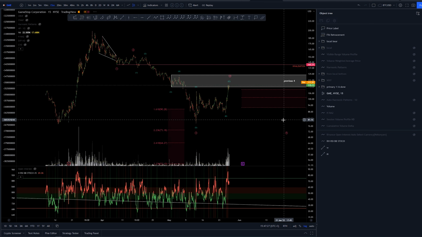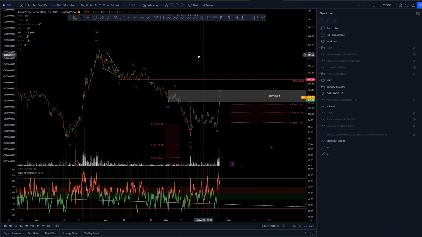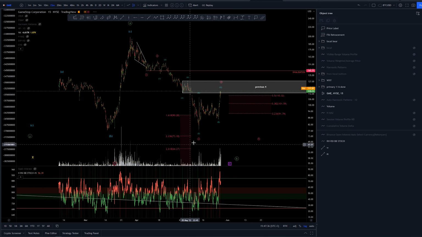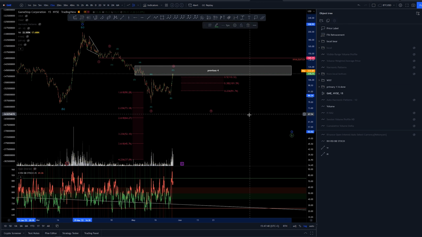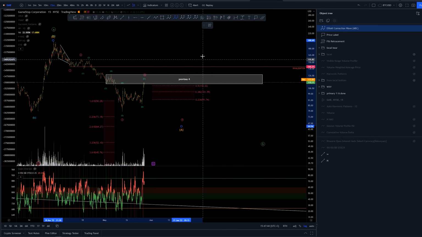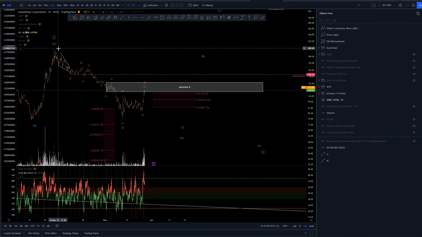So this is the one that is more towards the WXY, where we would have this structure as a possibility for an A wave, this is not here yet, so this count would be looking for A wave, then B and C on minute scale.